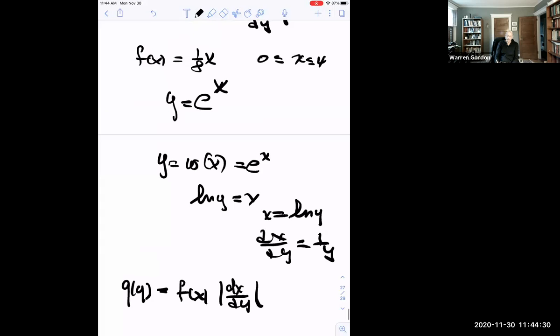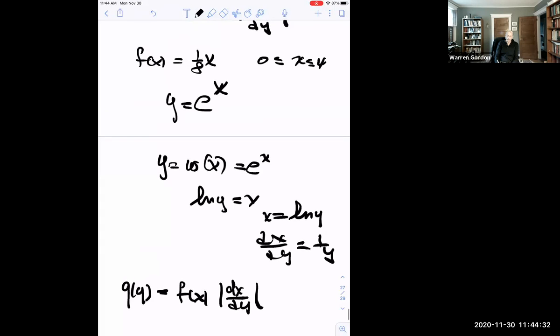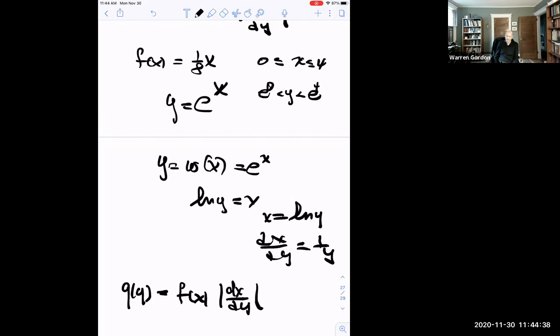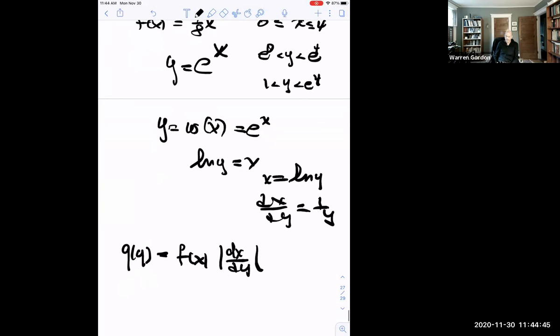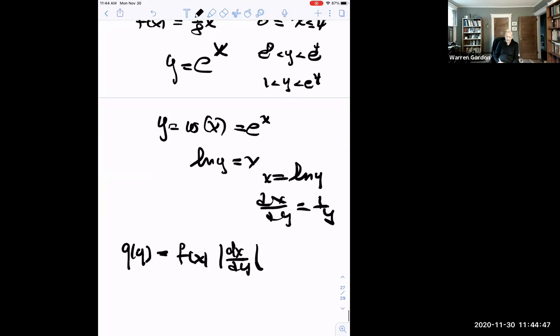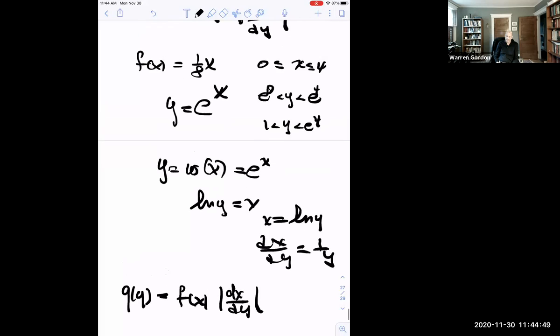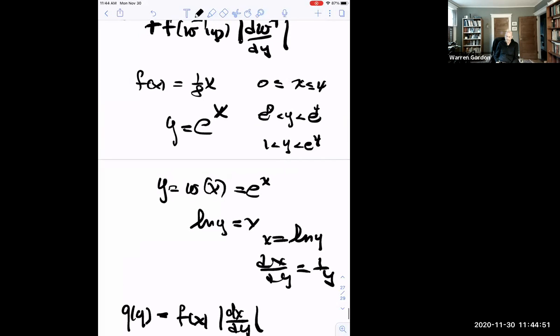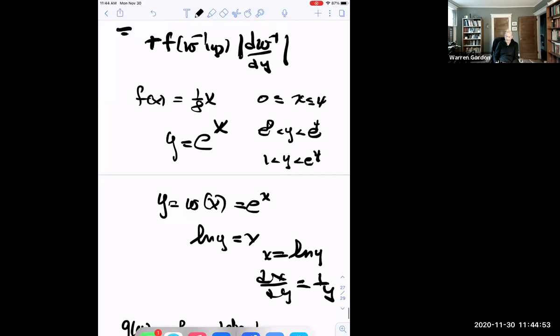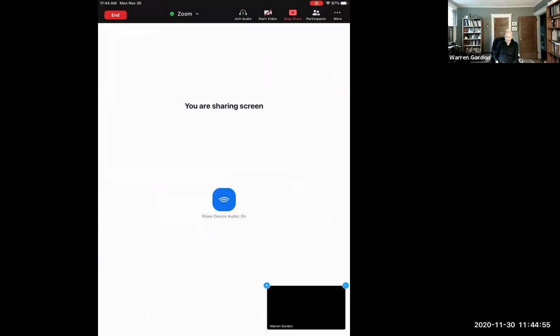Notice that x is between 0 and 4. y will be between e to the 0 and e to the 4, or 1 less than y less than e to the 4, whatever e to the 4 is, some large number. And y is always positive. e to 0 is 1, right?